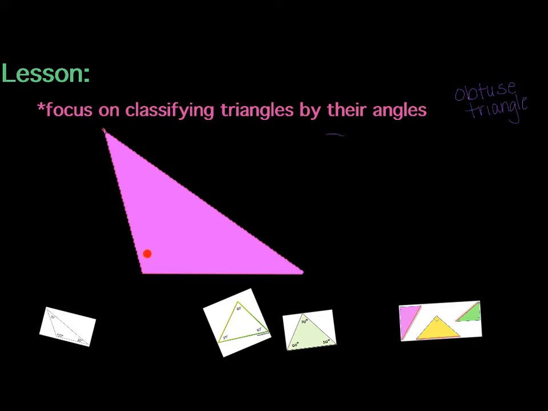But as you can see when I do that, this angle is larger than 90 degrees. So that makes this another obtuse triangle. Okay, so that is also an obtuse triangle.